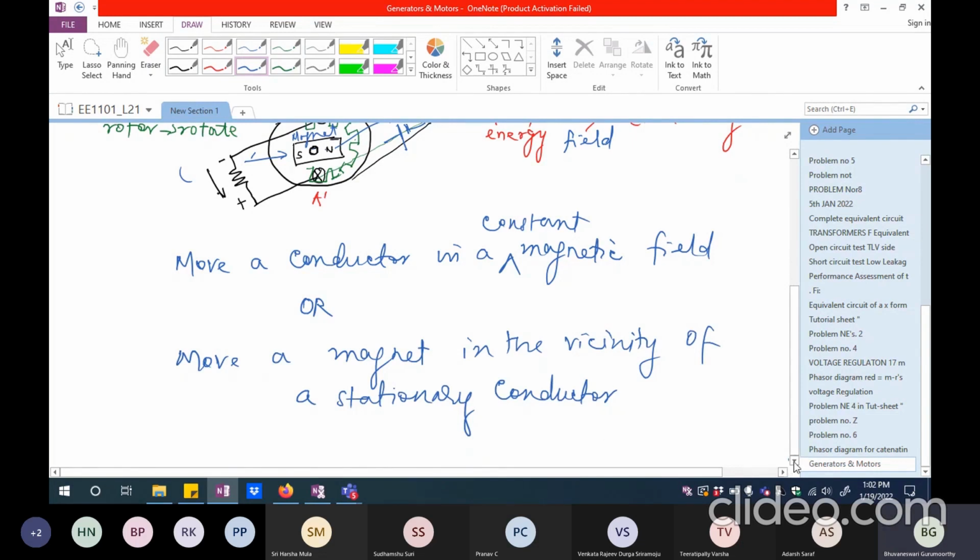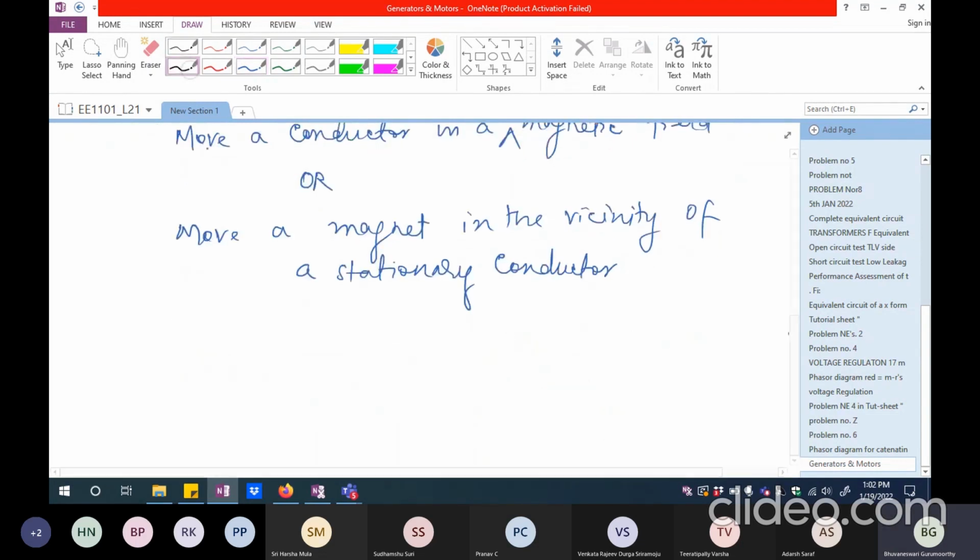As I told you, the induced EMF we see in a generator, let us say that is going to be some voltage V, is proportional to d phi by dt. How fast the rate of change of flux is happening depends upon two parameters.